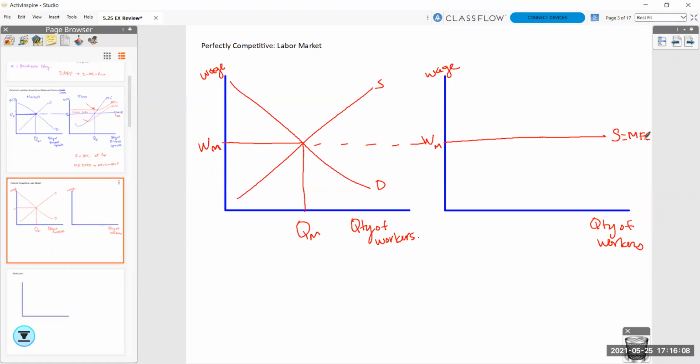I saw all of you guys have that. It was just whether you had the upward sloping supply curve or the horizontal. So try to remember for the factor market or resource market, we are the supply, right? So just do a quick check and say, okay, am I going to buy in this market or am I going to sell? If you're going to sell, you're going to be the supply. And if you're going to buy, you're going to be the demand.